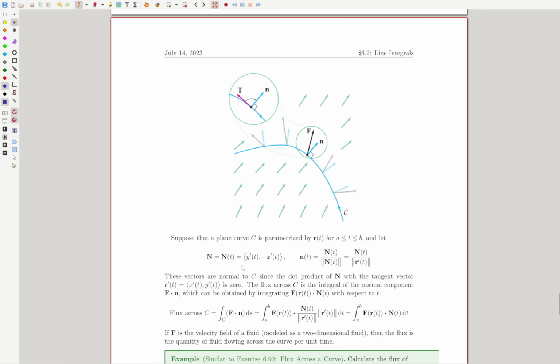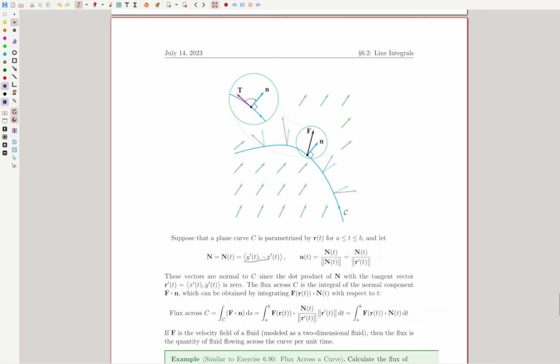Now the symbolic way of writing the normal vector is it's going to be a right angle, 90-degree rotation from the tangent vector, which is this quantity. Another way to think about it is that if you take this and dot it with r prime, you end up getting 0.